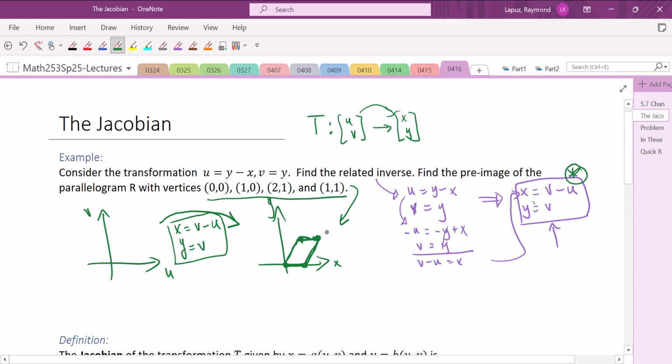But this is your parallelogram. And this is what they're calling R. And the pre-image goes back, and then this is what we're looking for.